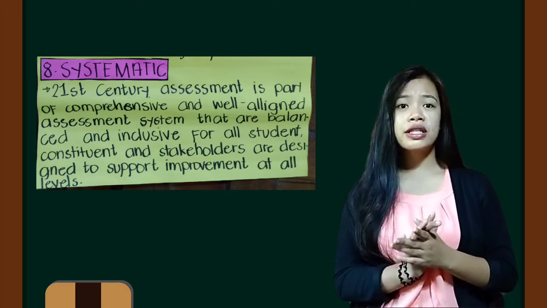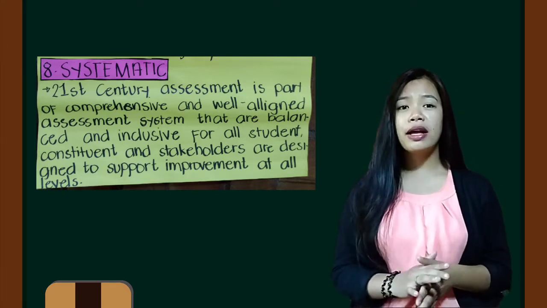Constituents and stakeholders are designed to support improvement at all levels. Change is inevitable, so make sure that you are able to identify the needs of your student and community. Through that, you will be able to develop the student into a globally competitive individual.